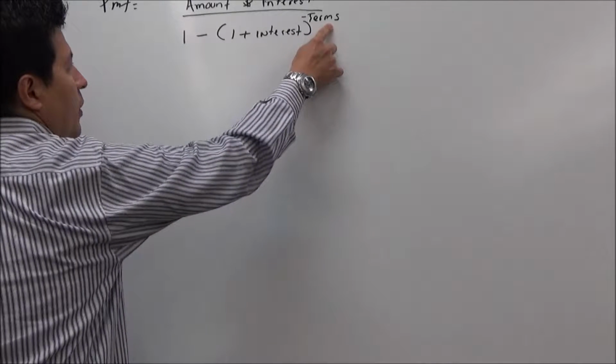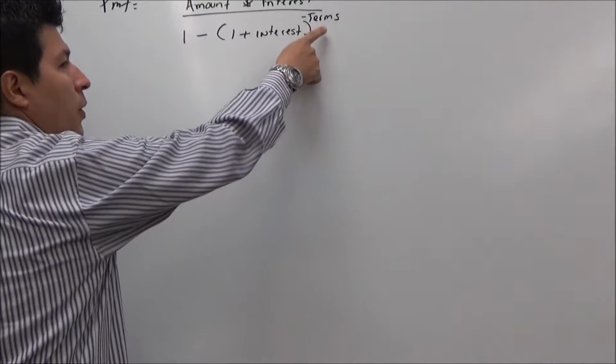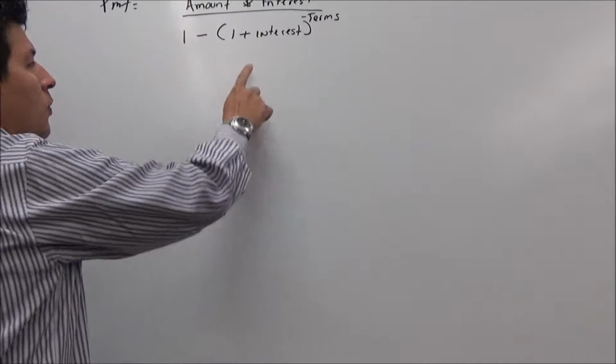So if the terms were 0, any number raised to the power 0 is 1, that was going to make our formula have a division by 0, which is not defined mathematically.